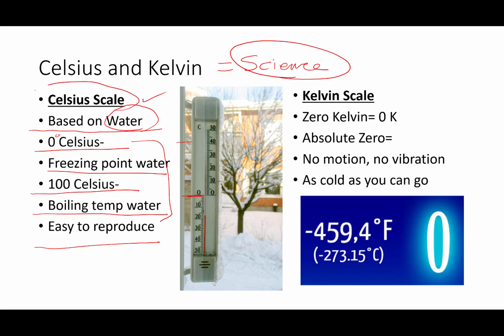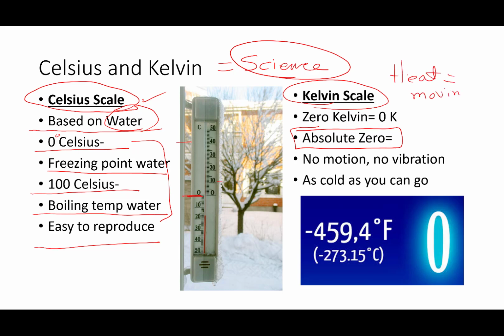After the Celsius temperature scale was invented, Lord Kelvin, who was a British gentleman, came up with an idea, and the idea was the concept of absolute zero. Well, heat is the result of molecules moving, and if molecules are moving slowly, that is an indication of cold.